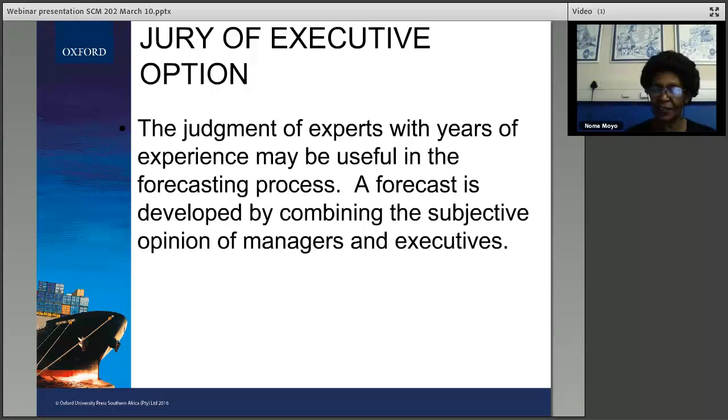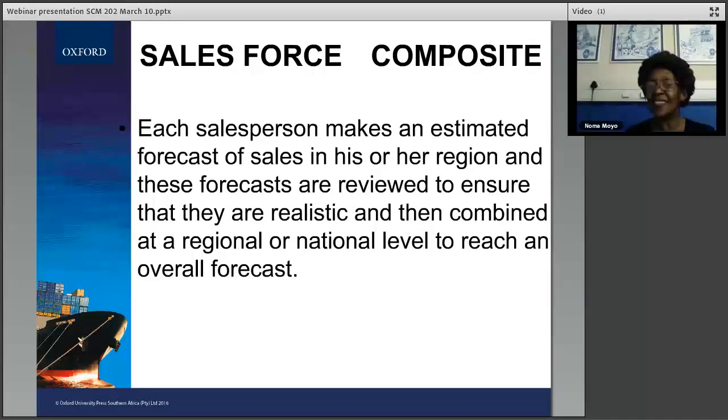Jury of executive opinion. The judgment of experts with years of experience may be useful in the forecasting process. A forecast is developed by combining the subjective opinion of managers and executives. Then sales force composite.